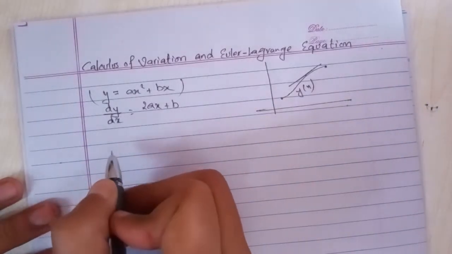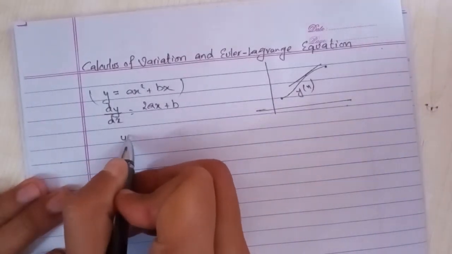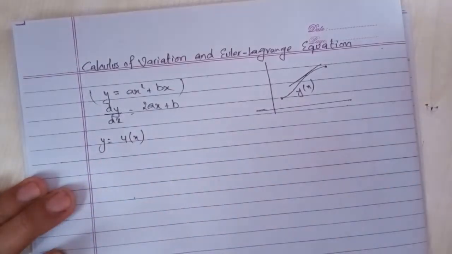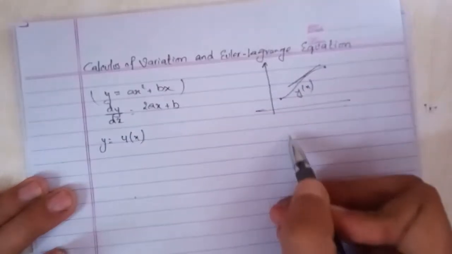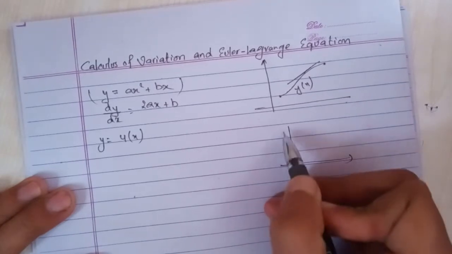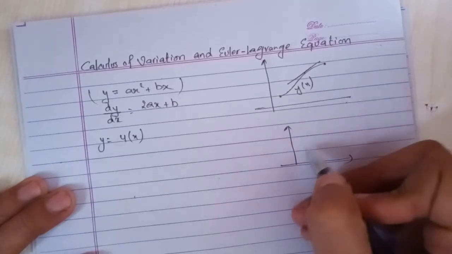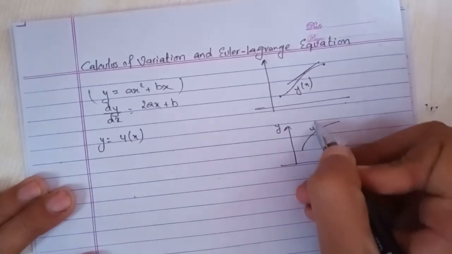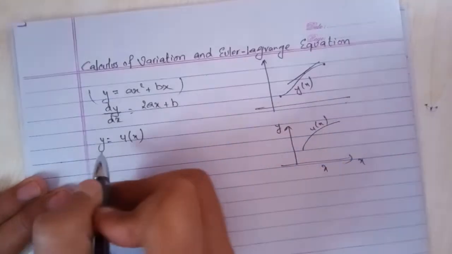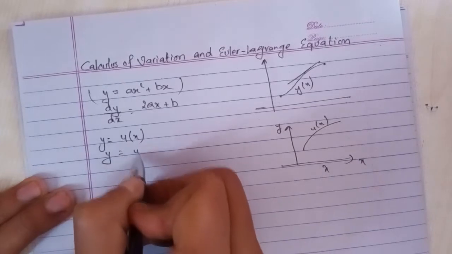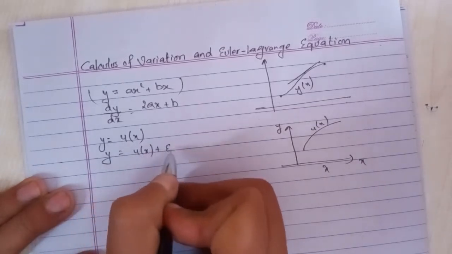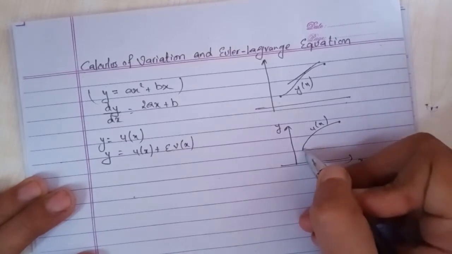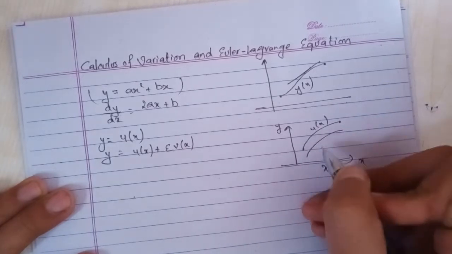So let us define y as u(x) in this graph. Okay, x and y as u(x) and another y as u(x) plus epsilon v(x).